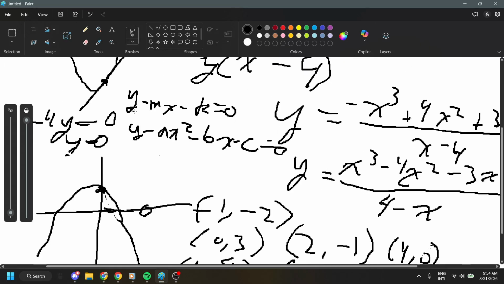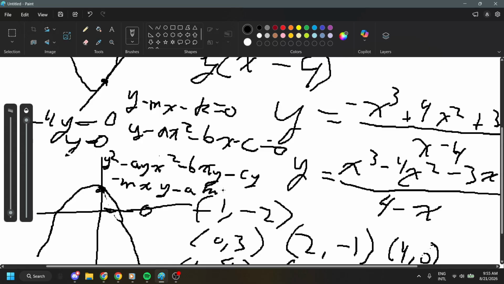If we multiply these two, we'd get y squared minus ay squared... minus bxy minus cy minus mxy minus ax cubed, no, plus bmx squared plus cmx.